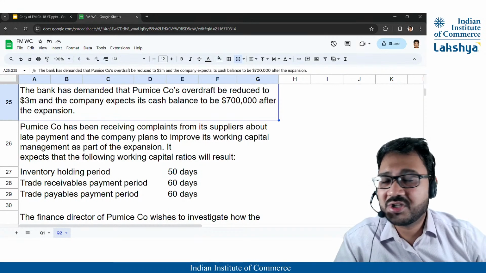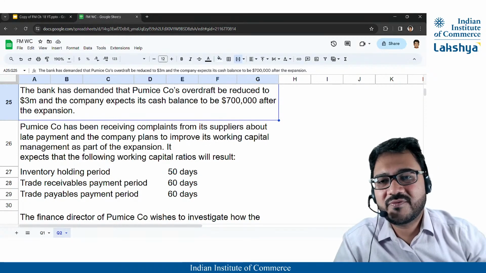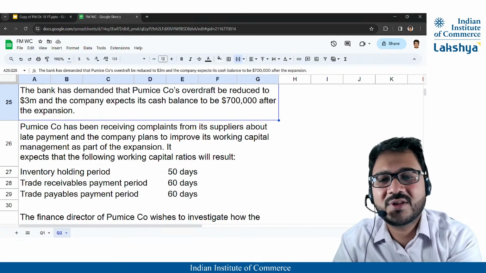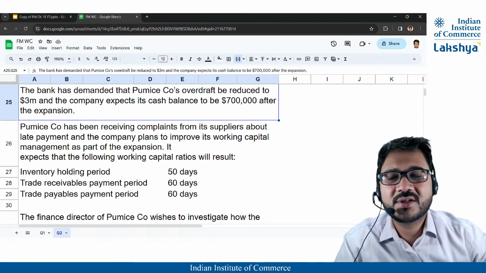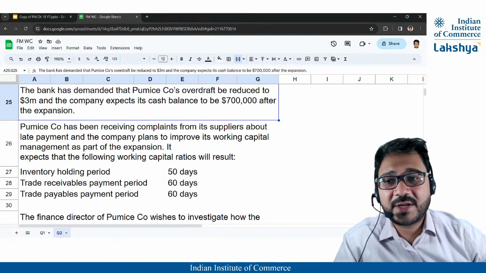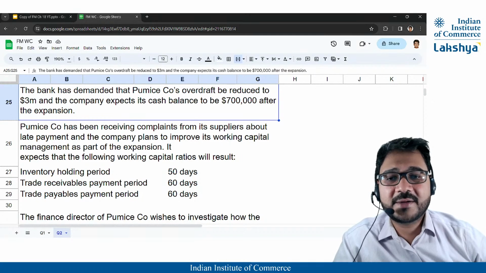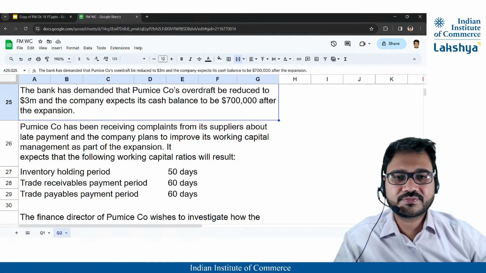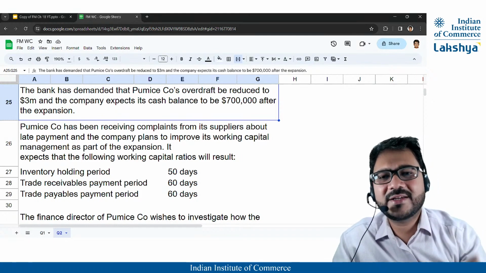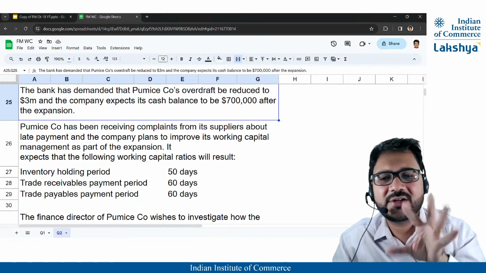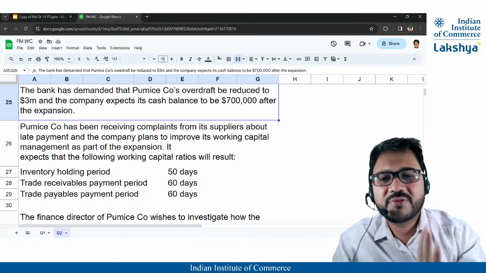Probably it's not even paying its overdraft facilities on time. Therefore, the bank has reduced their limit. Okay, the liquidity position has been reduced, and the suppliers are also complaining about late payments, and the company plans to improve its working capital management as part of the expansion. The company is expanding, but there is a liquidity issue. They are trying to address it by improving their working capital.